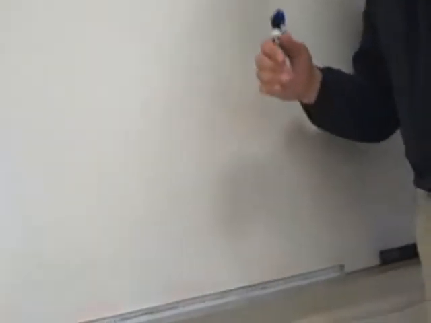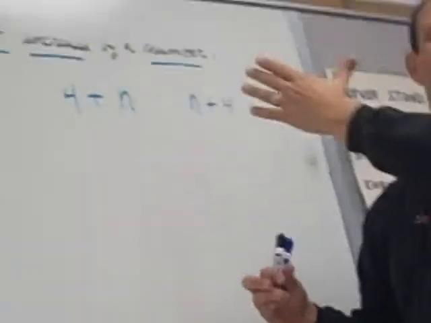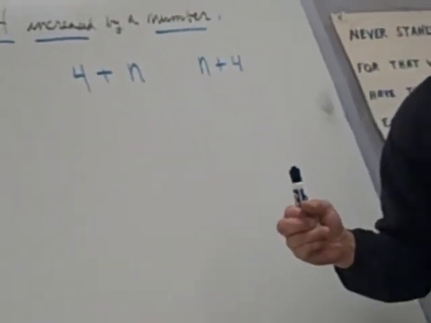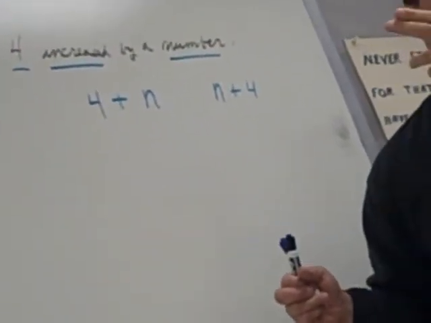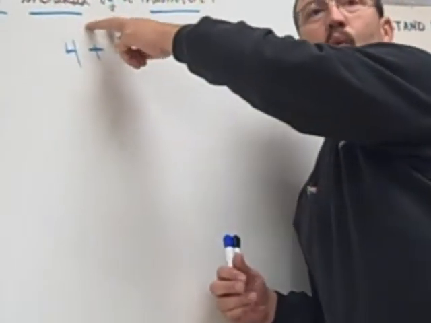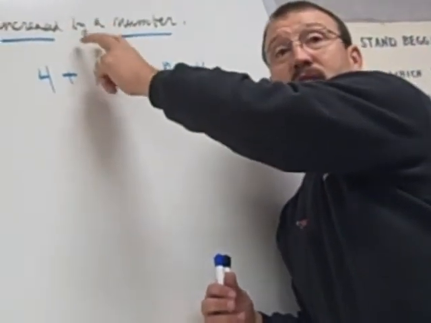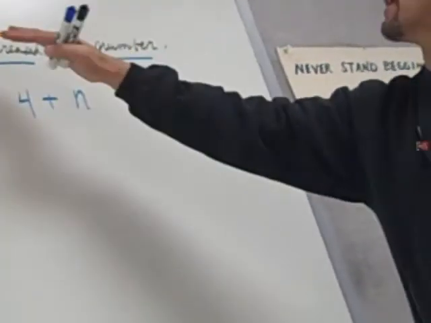Mathematically it's okay, because we know stuff about the properties of addition. 4 plus 1 is the same as 1 plus 4. But from the English words that are given to us, we must write down specifically what it says.